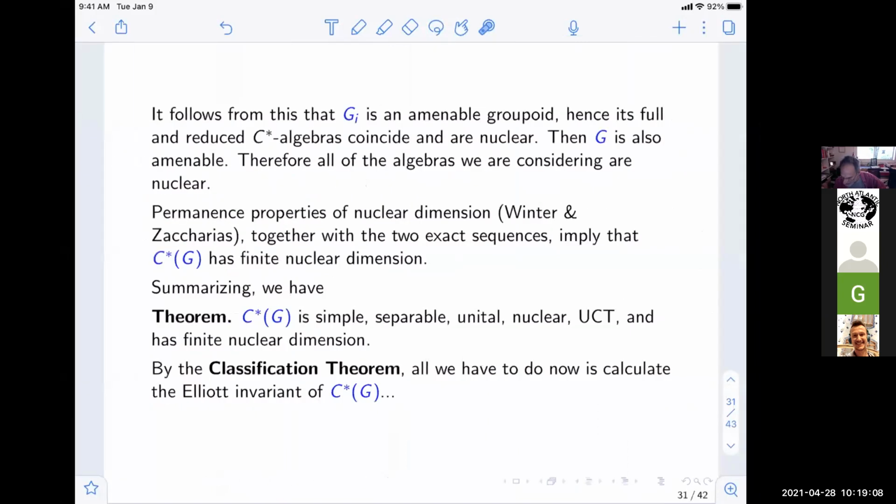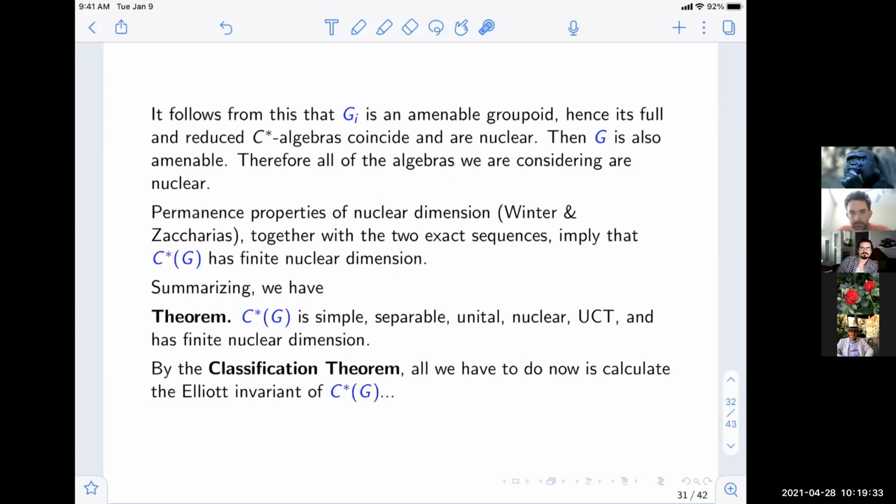So the last comment on this slide is that we're going to use the classification theorem, and so we have to check all the hypotheses. In fact, because of the elementary nature of these C-star algebras, these extensions, the nuclear dimension has to be finite.